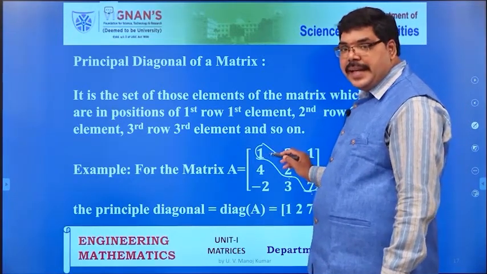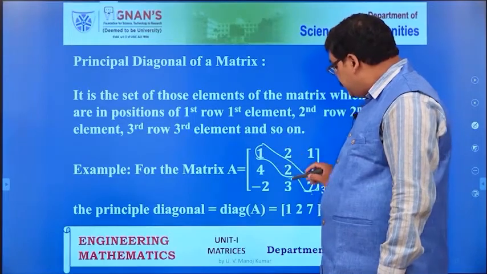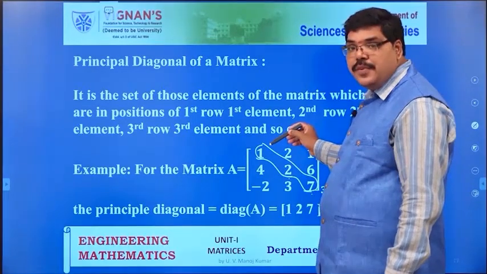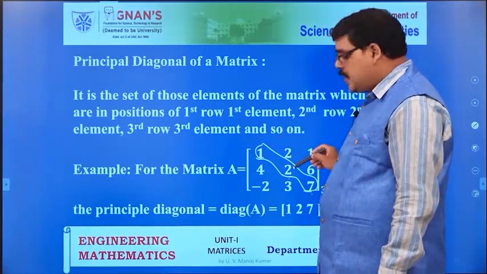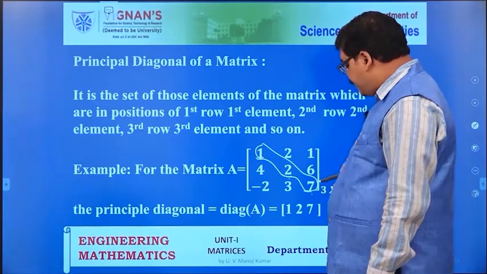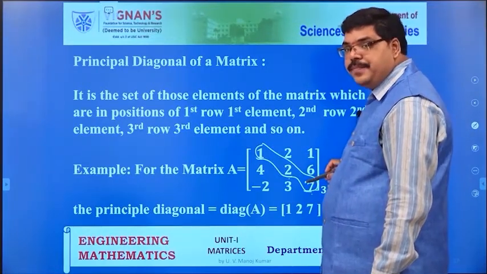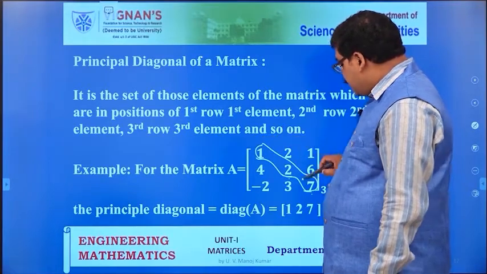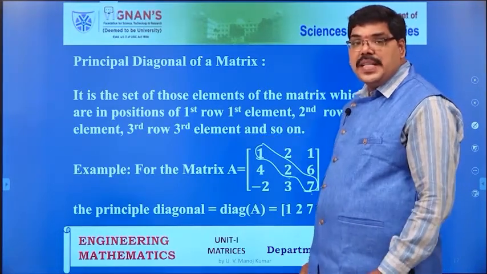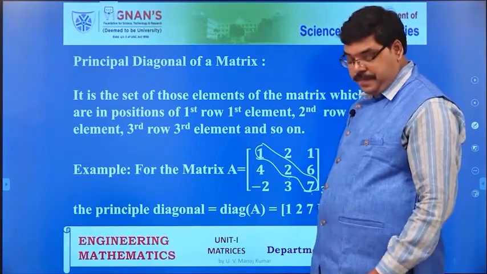This is the principal diagonal. These elements are in the positions first row first element, second row second element, third row third element. So this describes what the principal diagonal of a matrix is.